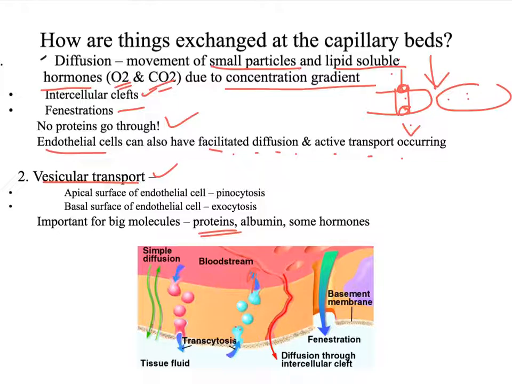So proteins, one protein is albumin, and some big hormones. This little picture shows you how things are moving through pathways. So fenestrations are holes, then we can have diffusion between cells, and vesicular transport.